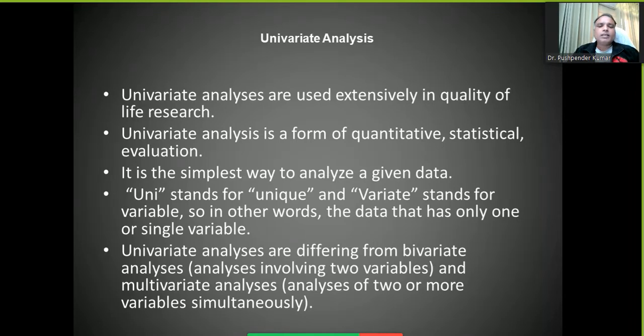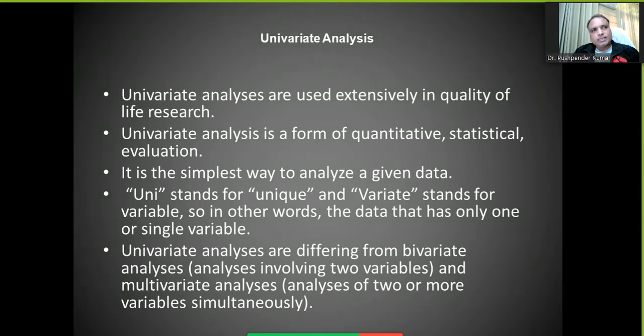When you're studying, how much time you invest. So on the one side the hours, on the other side the marks you secure, right? So here you have two variables. Whenever you are using statistical tools and techniques to analyze two variables, we call it bivariate analysis.